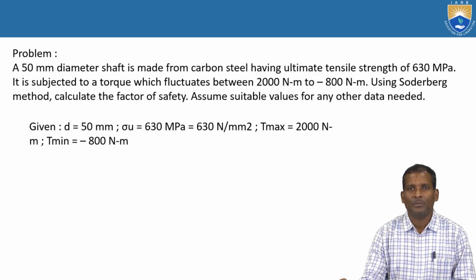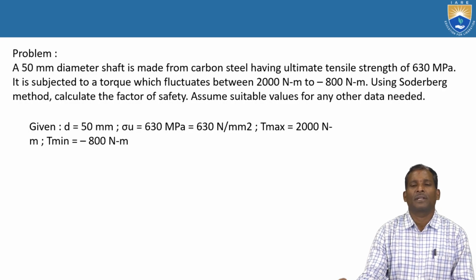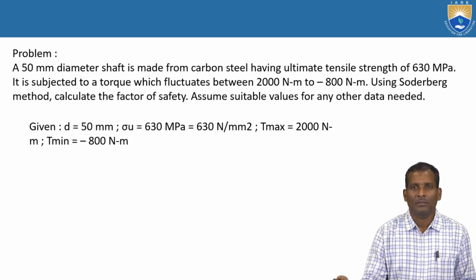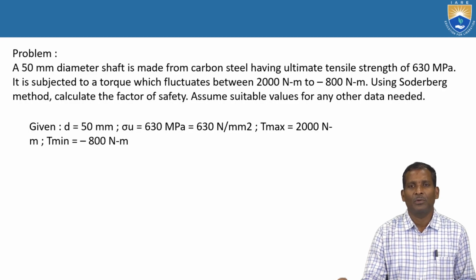This problem is based on variable stresses. Whenever the component is subjected to combined steady and variable stresses, we need to calculate the diameter of the shaft, the stresses, the endurance limit value or the mean stresses of the component when subjected to reversed axial loads or reversed bending loads.